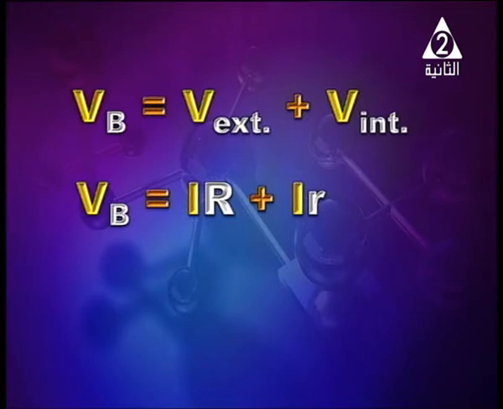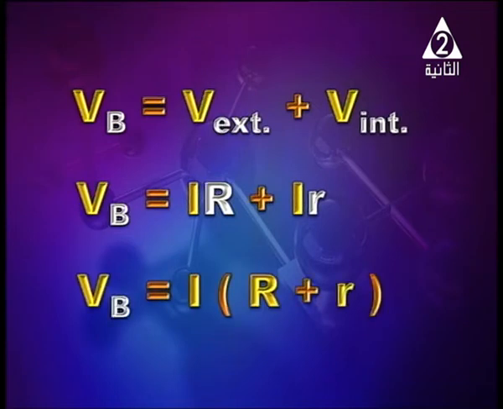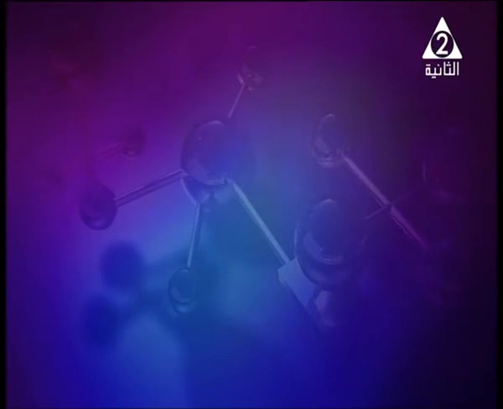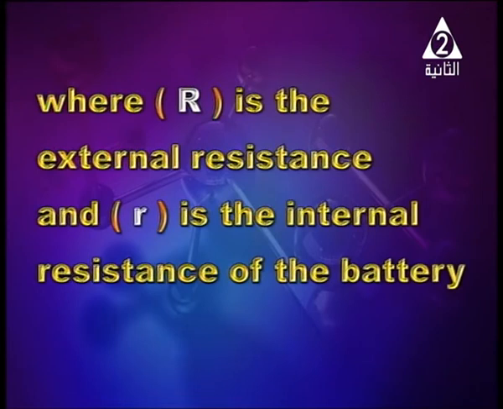I is taken as a common factor between two brackets, R capital plus R small. In this way we can obtain the main current passing through the battery. R capital is the external resistance, R small is the internal resistance of the battery.